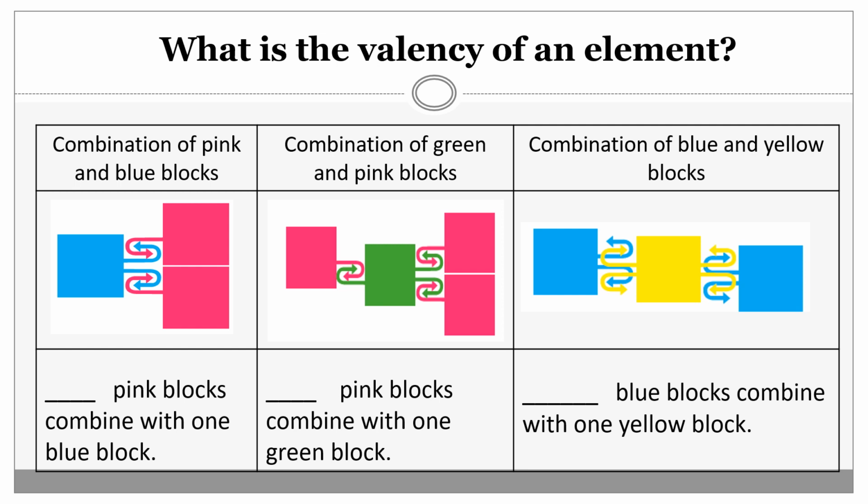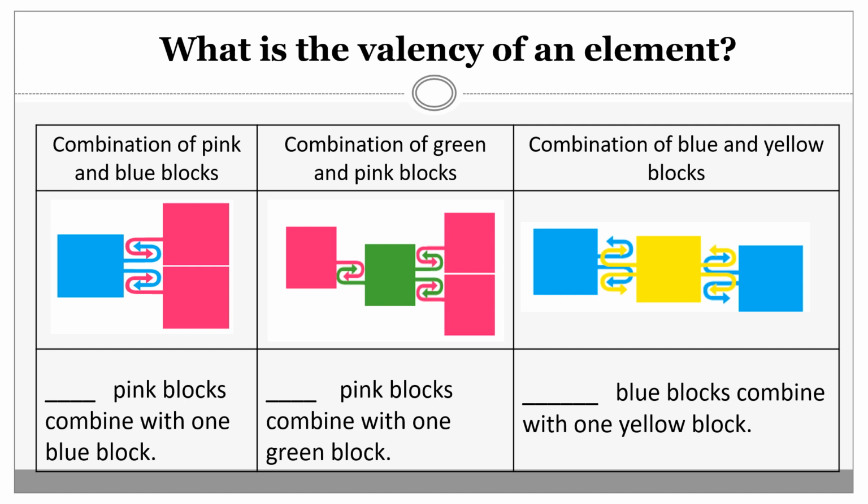As you can see from the table shown on the screen, there are different combinations of the blocks. In the first column, you can see a combination of pink and blue blocks. In the second column, you can see a combination of green and pink blocks.